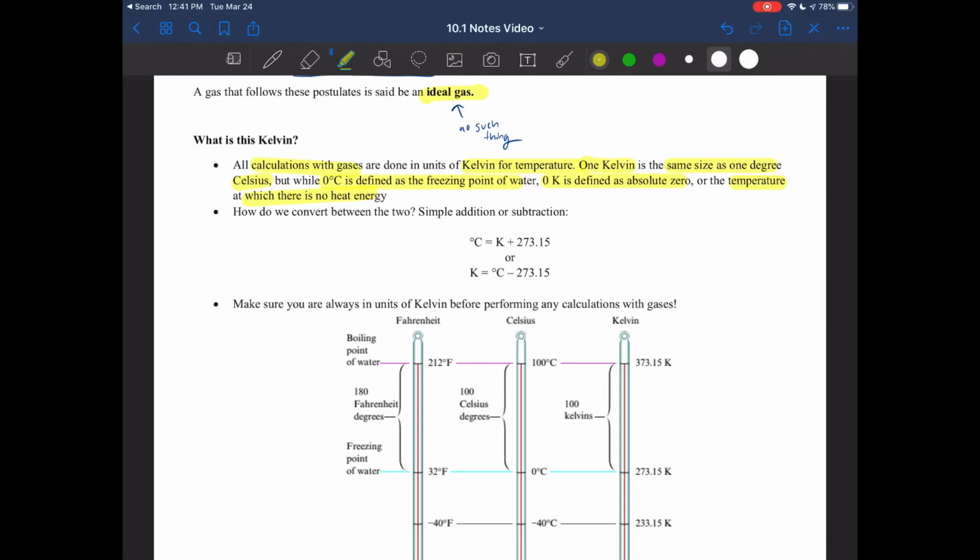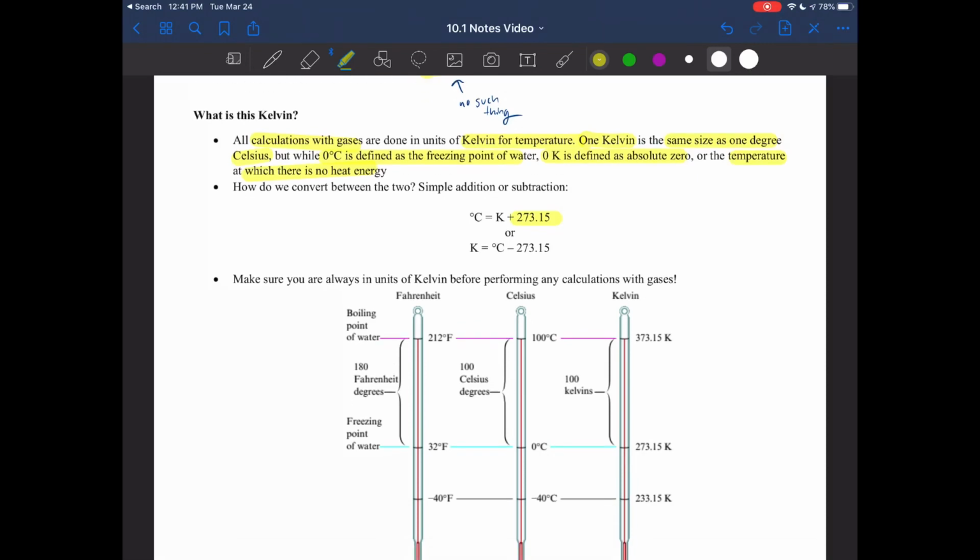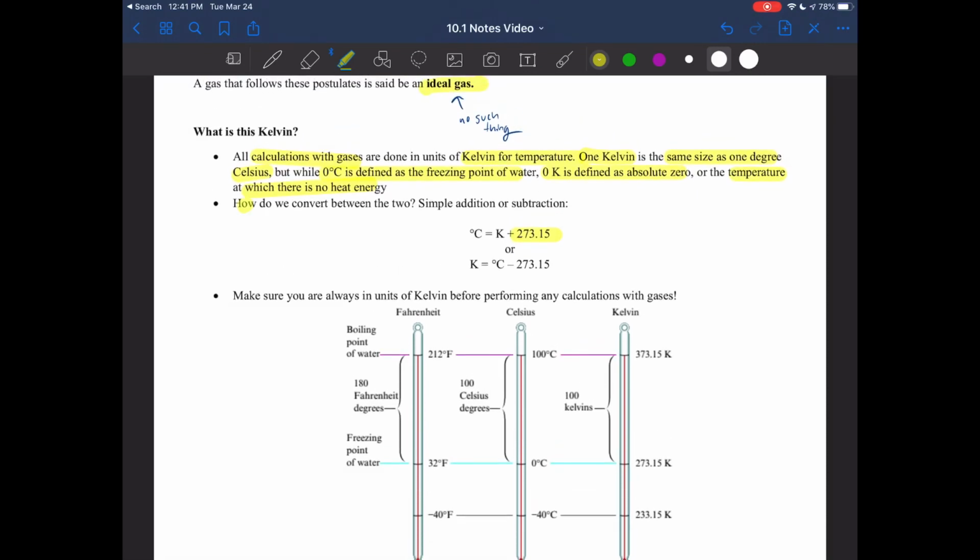You can learn about that in more advanced chemistry, but basically 0 Kelvin is way, way colder than 0 degrees Celsius. In fact, 0 Kelvin is 273.15 degrees Celsius colder than 0 degrees Celsius.